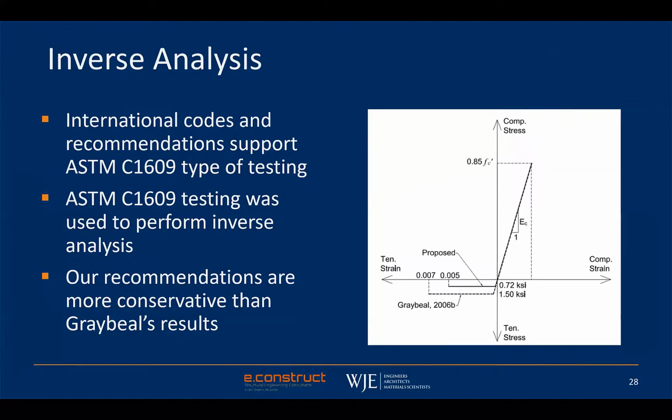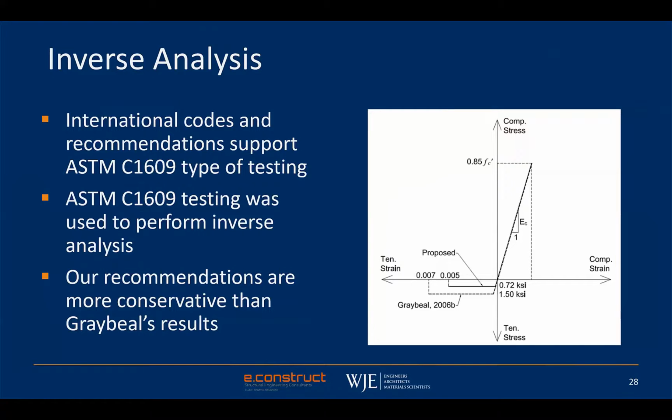So in design, we use what's called inverse analysis to convert the information that's coming from flexural testing to a stress strain diagram that we can use for strength calculations. And we are proposing a modest 0.72 KSI.